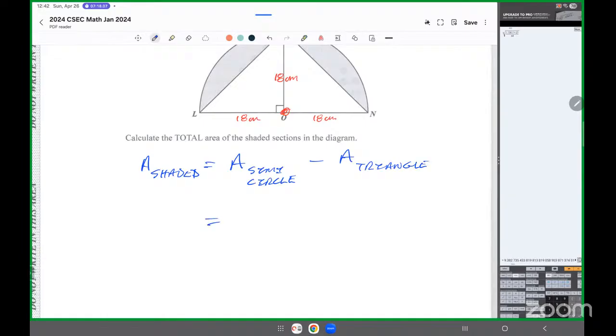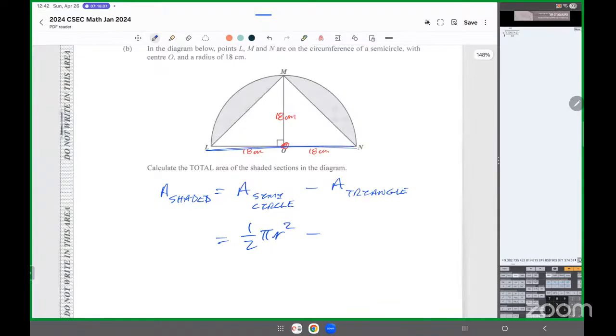Area of a semicircle is half of pi r squared, because the area of a circle is pi r squared. The area of the triangle is half the base times the height. Let's write them out: half the base, which is LN, times the height, which is OM. Put in the values now. Pi is 22 over 7.